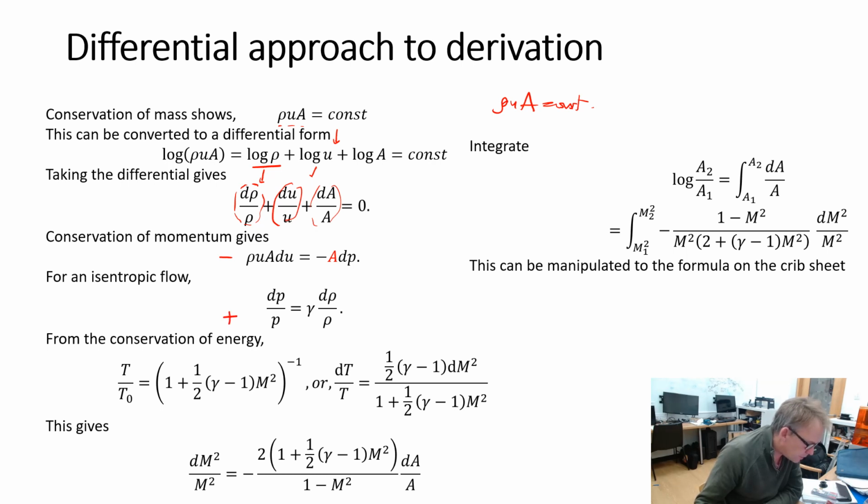It's isentropic flow, so P equals K rho to the gamma. And so you would take these three relationships, mass, momentum, and isentropic. You'd find the differential relationship between these variables. Remember, we're looking at dP over P and d rho over rho.